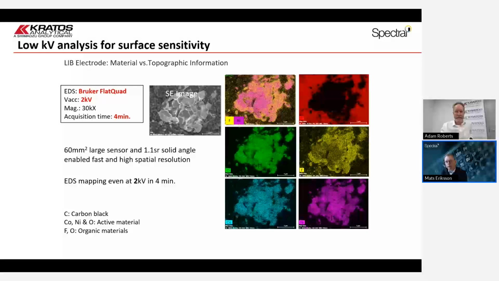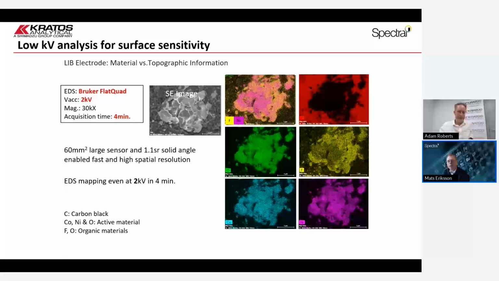So we tried on this sample to analyze that area. At 200 volts, I don't get any X-rays emitted, basically, so we need to increase the primary electron energy a bit. Even 2 kV is unusually low for EDS measurement, but you still get a bunch of peaks, and as long as the chemistry is not too complex, you can separate them and get reasonable results.